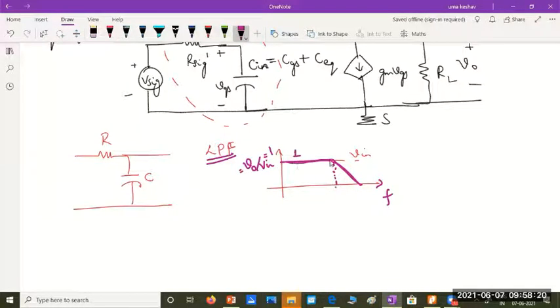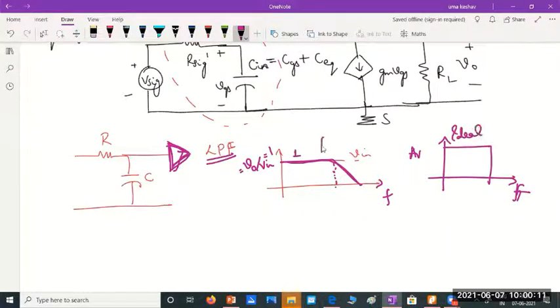It will have the gain as 1 at low frequencies. We can also have a higher gain if I include an amplifier here. Later on I can show inclusion of an amplifier here. You'll be doing it in the lab. In the next class, just understand a low pass filter has ideal response like this. Its job is to pass the given input signal as it is at low frequencies and attenuate the signal at high frequencies. This is ideal and this is practical.